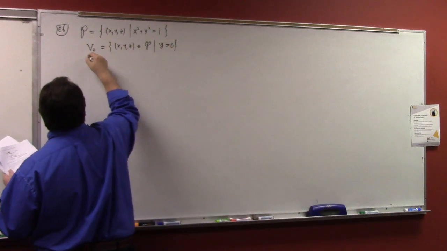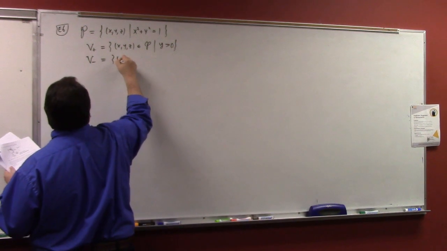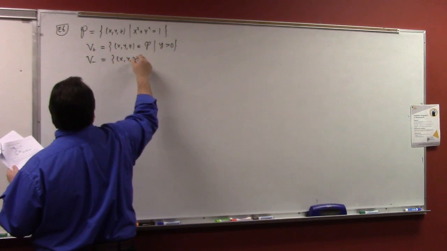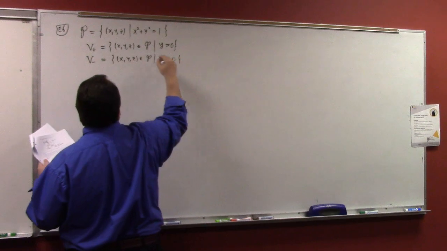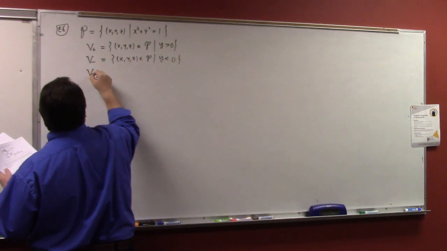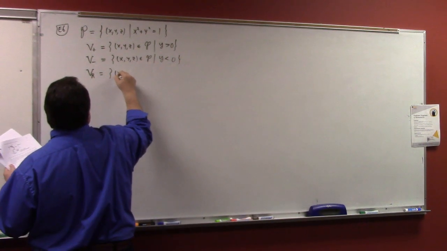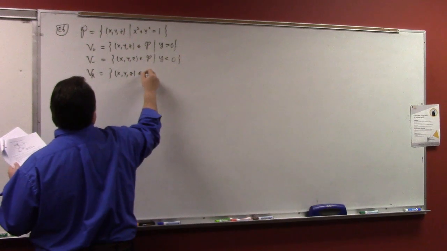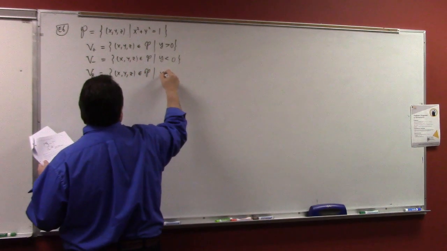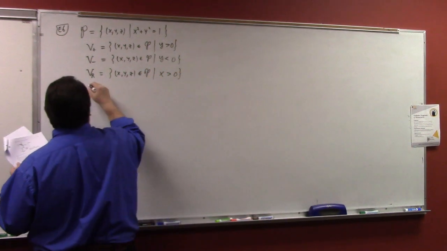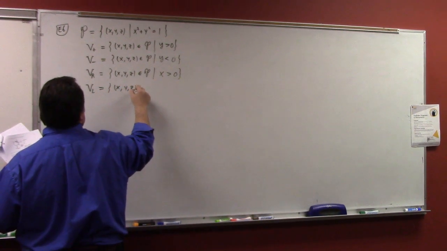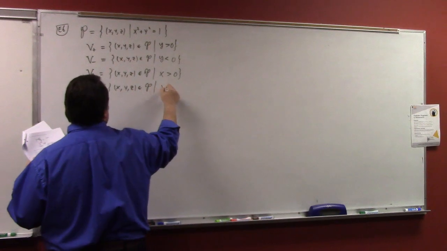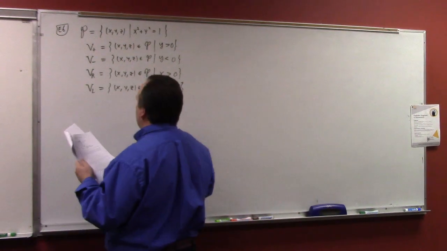I'm going to let v minus be x, y, z in P, y less than 0. I'm going to let VR be x, y, z in P, x greater than 0. And I'm going to let VL be x, y, z in P, x less than 0. This should be somewhat familiar.